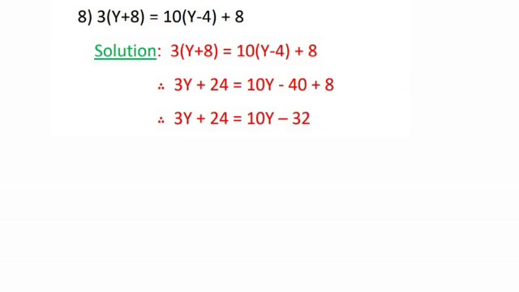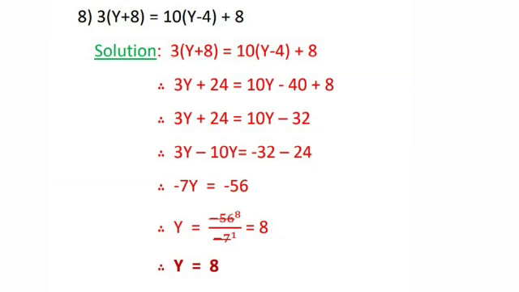The eighth one. 3 times y plus 8 in the bracket is equal to 10 times y minus 4 in the bracket plus 8. Now here first open the brackets. So to your left hand side 3 multiplied by y, 3y plus 3 eights are 24, is equal to 10 multiplied by y, 10y minus 10 fours are 40 plus 8.